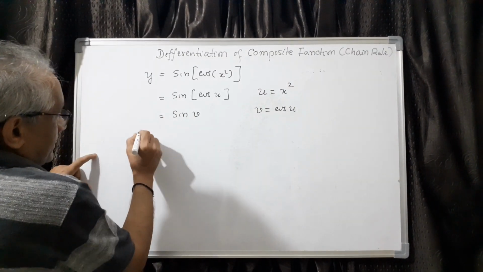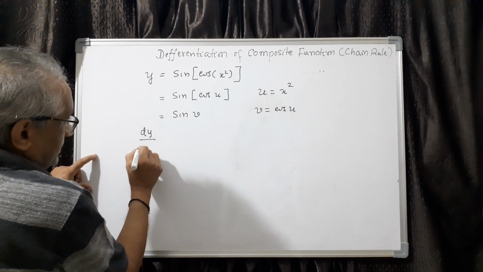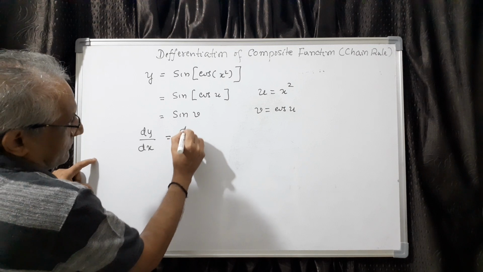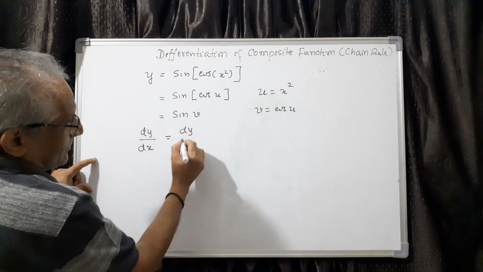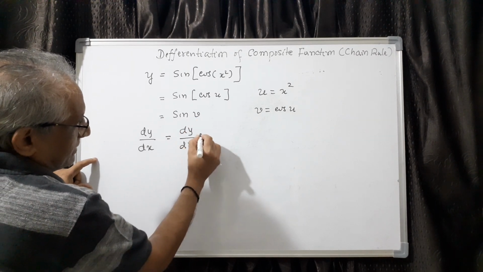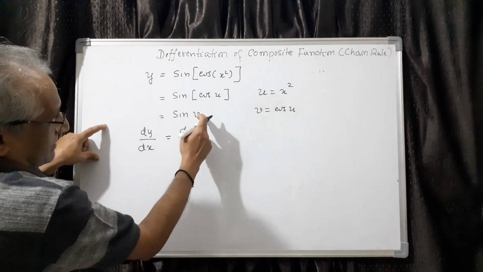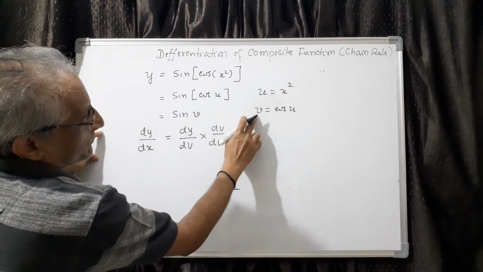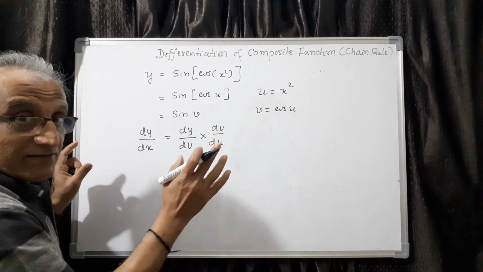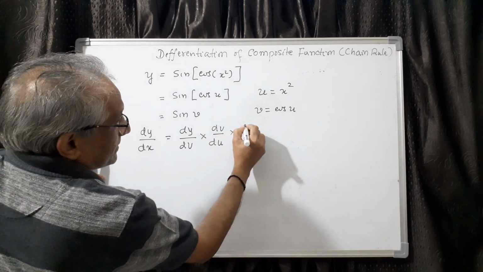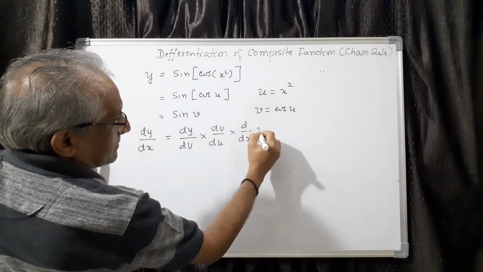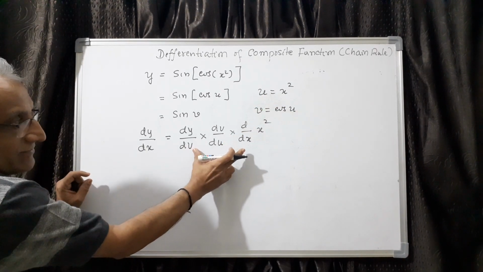So now we need dy by dx, the rule is this. After seeing the rule you can write dy by dv, because y is a function of v, into dv by du, v is a function of u, you need not even memorize, into d by dx of u, where u is x square, so it will be a product of 3.